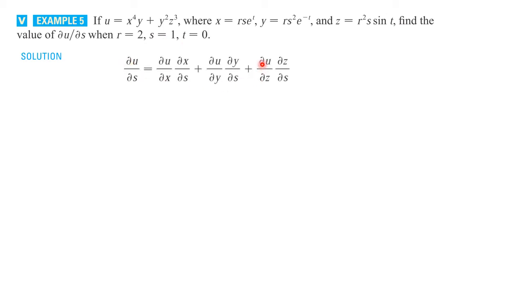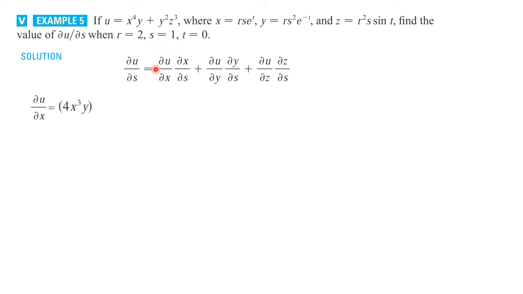We will apply the chain rule to find partial u over partial s: partial u over partial x into partial x over partial s, plus partial u over partial y into partial y over partial s, plus partial u over partial z into partial z over partial s.